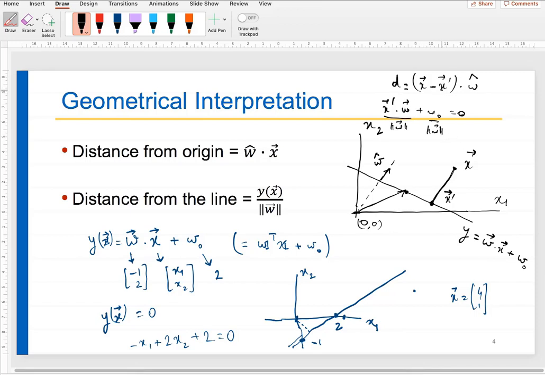So this thing becomes minus of this thing, which becomes equal to x vector dot w hat plus w naught upon the norm of w, right? So this is equal to x vector dot w vector plus w naught divided by the norm of w, which is basically y of x divided by the norm of w.